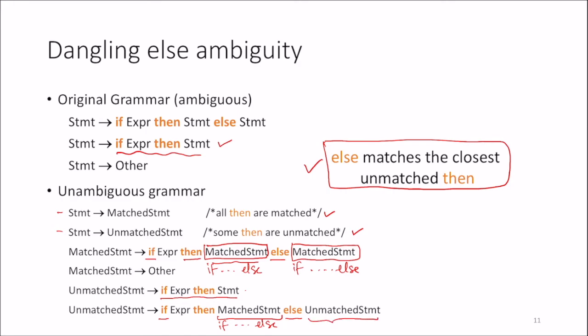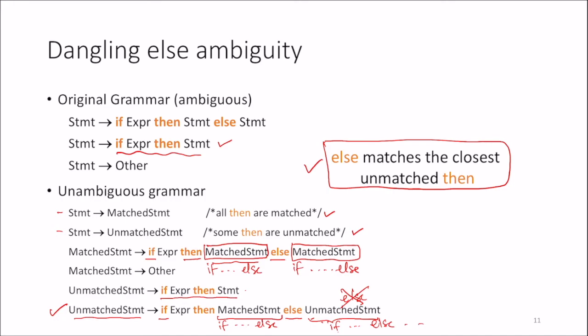So notice that in this unmatched statement, I cannot have a dangling else. It can only happen if I take this unmatched statement and then use this rule to expand it. I would get an if, else, and then an unmatched statement further. So even in this case, if I expanded it using this rule, I would still get an if else that's matched.